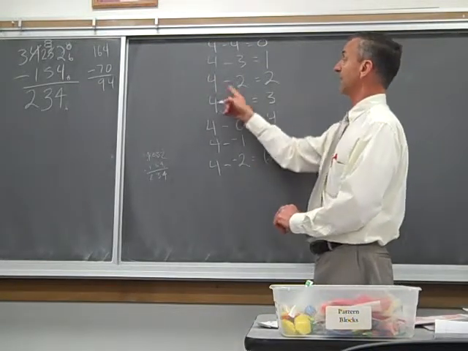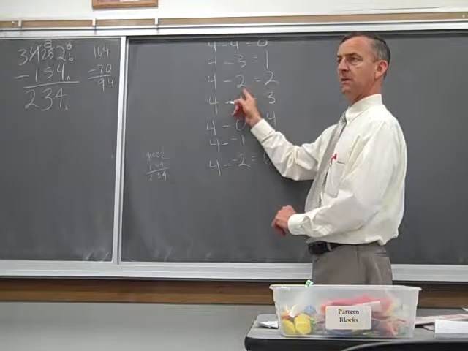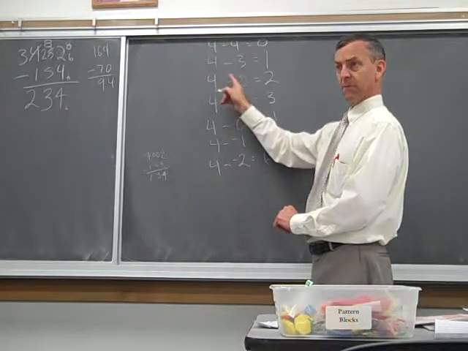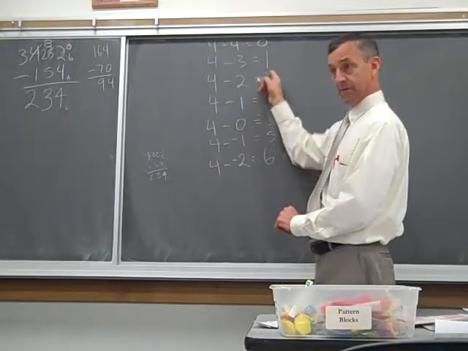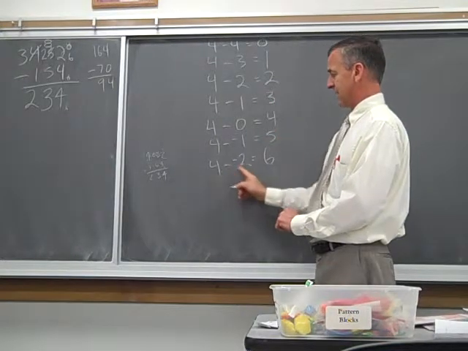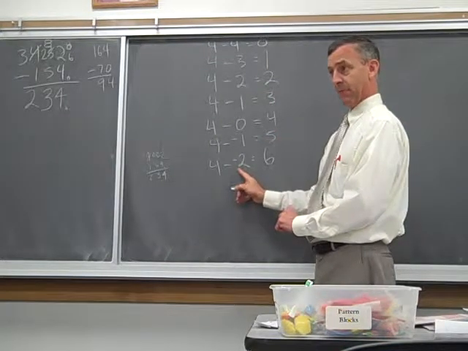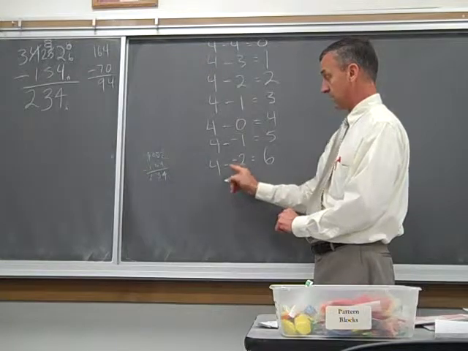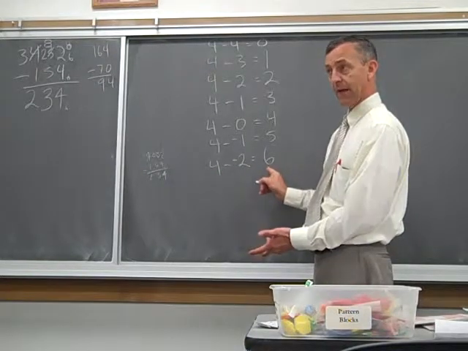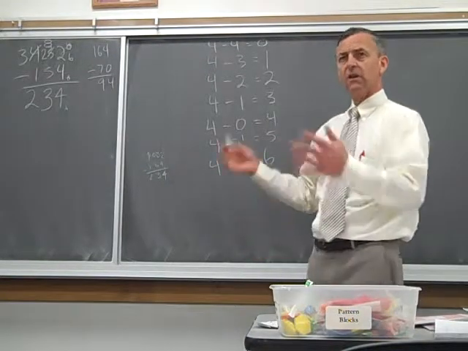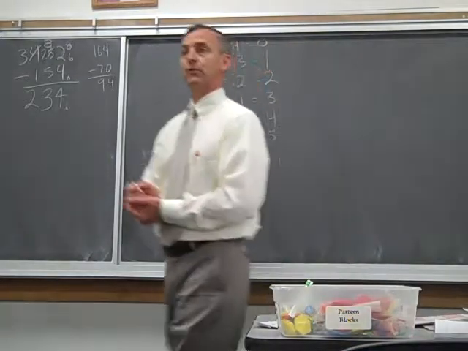Well, when you're subtracting a number that is smaller from a number that's bigger, we get positive answers. And is that true down here? This number is smaller than that one, and we still get a positive answer, right? And they start seeing some patterns going on.